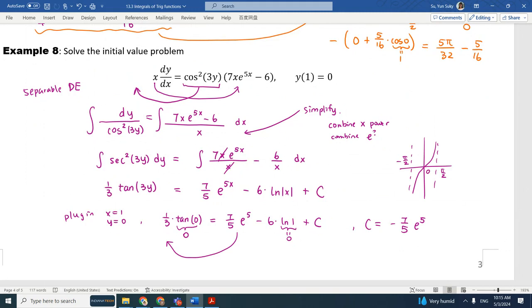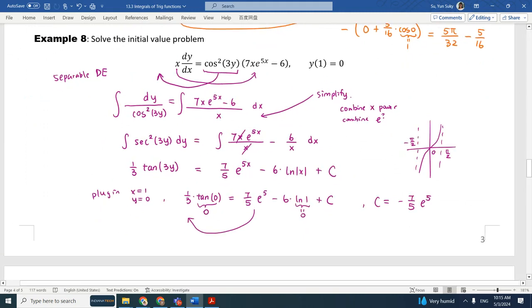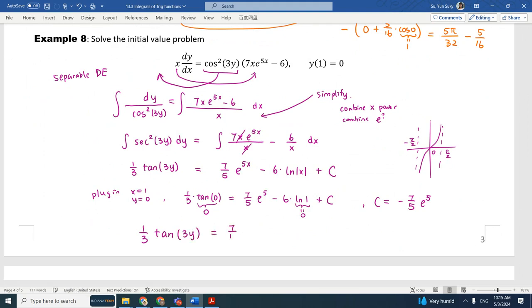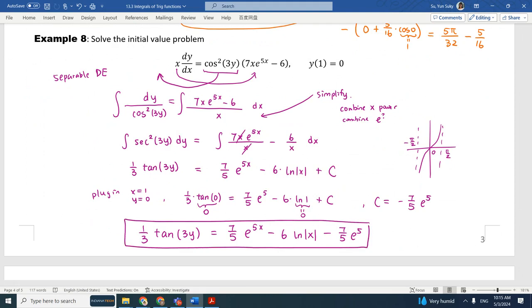After we get the c, we just rewrite everything. So the final answer: 1/3 tangent 3y is 7/5 e to the 5x minus 6 ln absolute value of x. C is negative 7/5 e to the 5th. So this is the final answer.